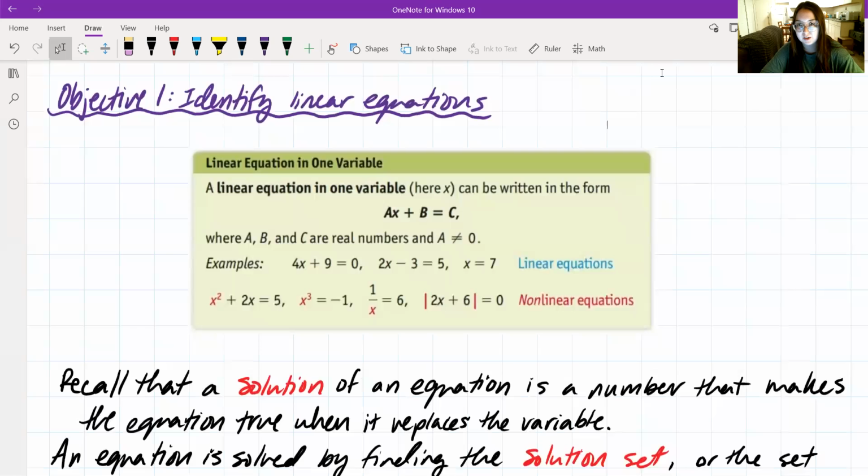These are linear equations. But nonlinear equations would be anything where we had exponents greater than 1 on variables, if we're dividing by variables, or if we had absolute values. So with linear equations, we're really looking for the form ax plus b is equal to c.